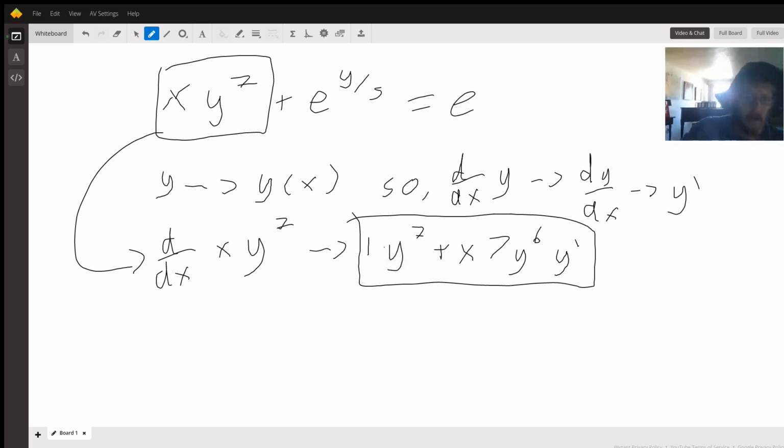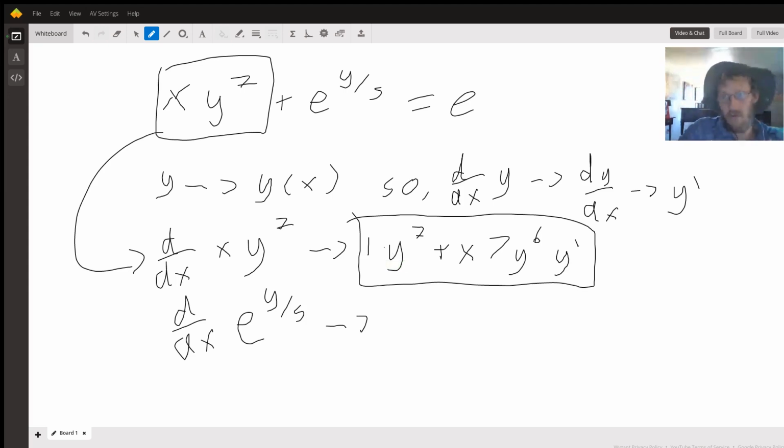And then we can do the same thing with the second term, e to the y over 5. Remembering here that the derivative of e to the x is e to the x.